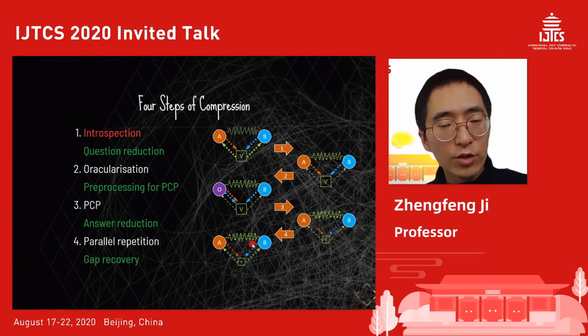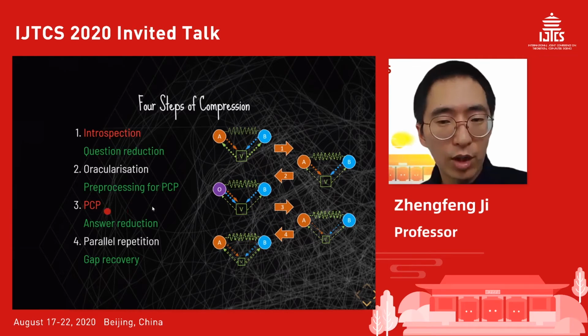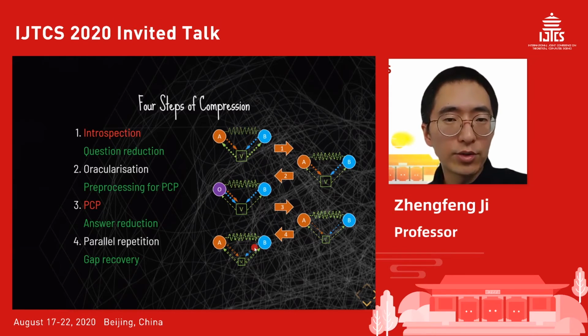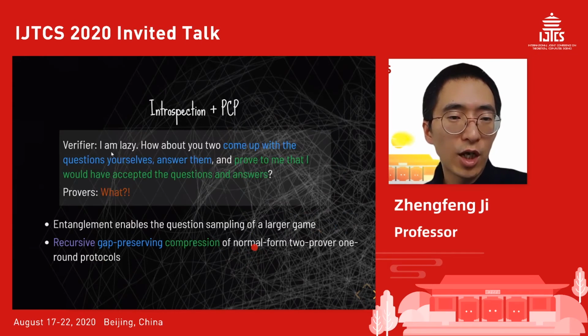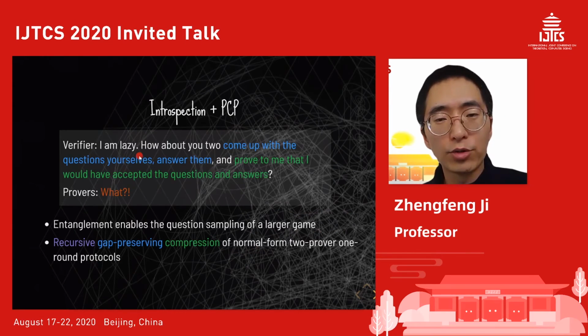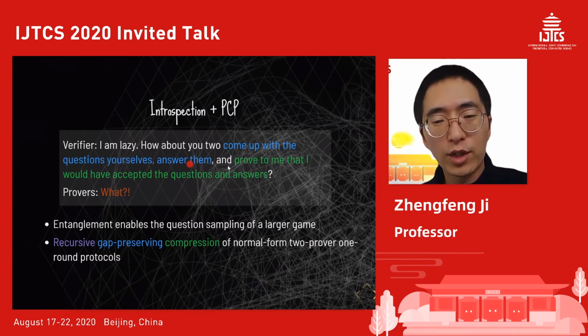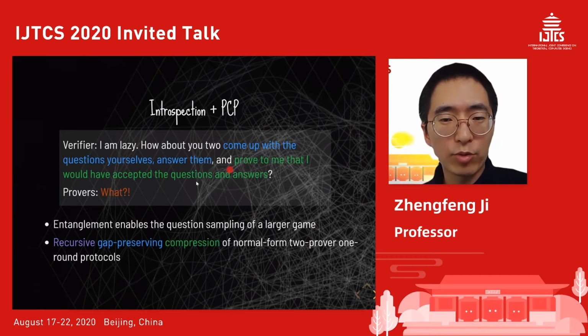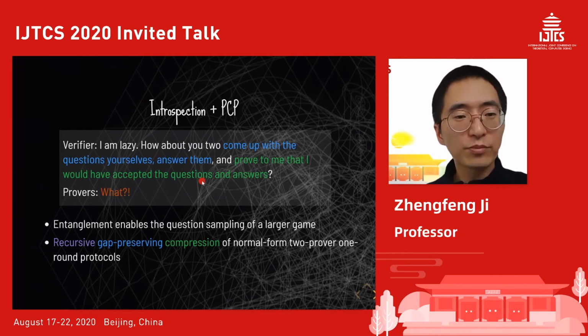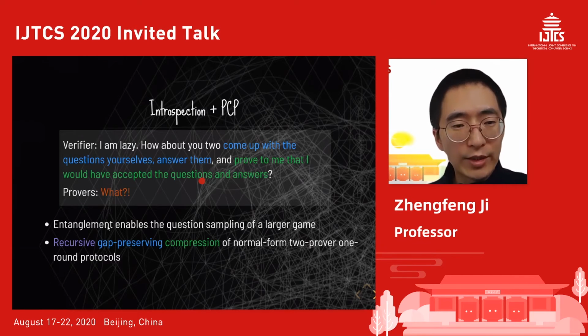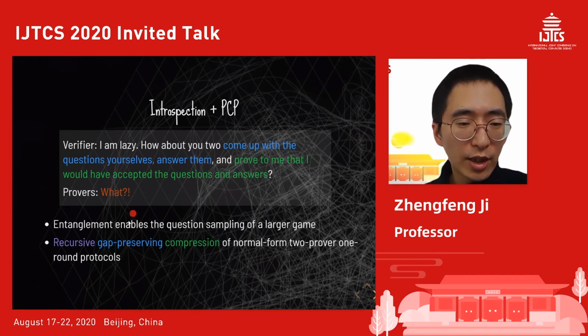As you can see, introspection and PCP are the interesting steps. Intuitively, what these two steps are doing is like the verifier saying, "I'm lazy. How about you two provers come up with the questions yourselves? Answer these questions and prove to me that I would have accepted the questions and answers in the first place." That's a very, very interesting idea.